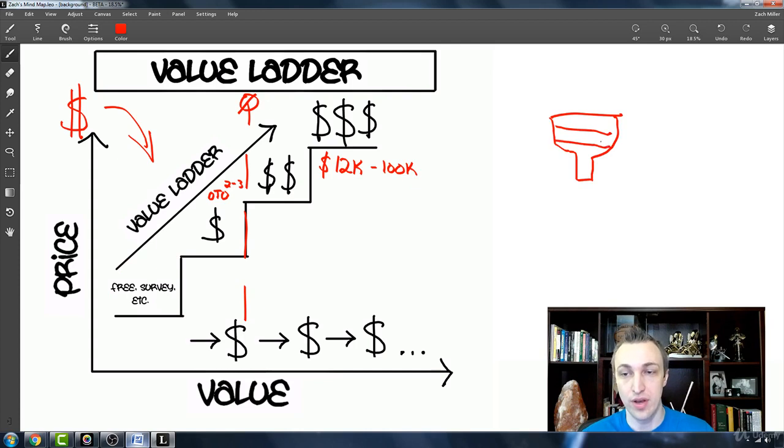At some point, that's a terrible drawing, but at some point, it's going to start getting smaller and smaller, right? And where that bottlenecks, that's where you're increasing that price point. So it's not that everyone's going to say yes to it, it's that a portion of your audience will say yes to it. And that's the thing to keep in mind.